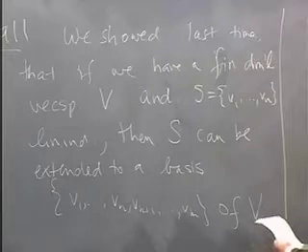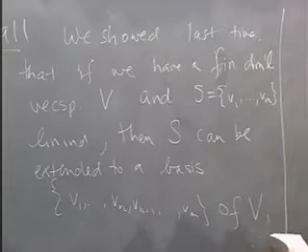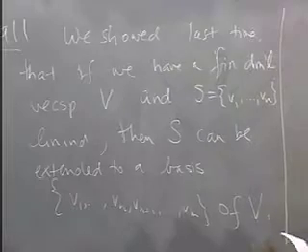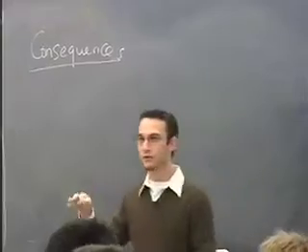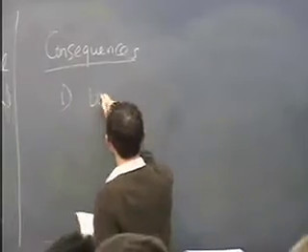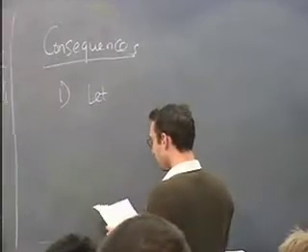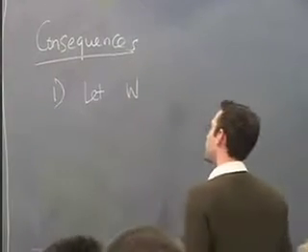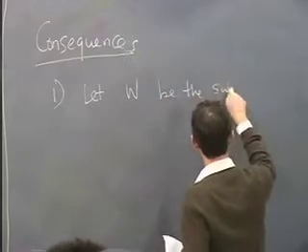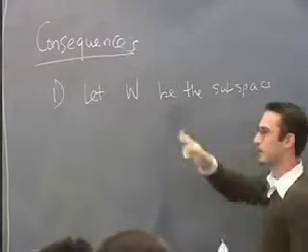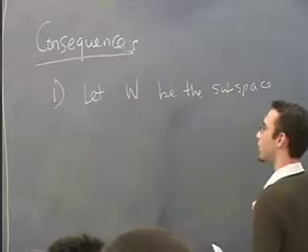So let me just start by listing some consequences, and we'll just run through briefly why those things are true. So let's just start with the following. Let W be the subspace. I'm just going to retain notation from the recall here.